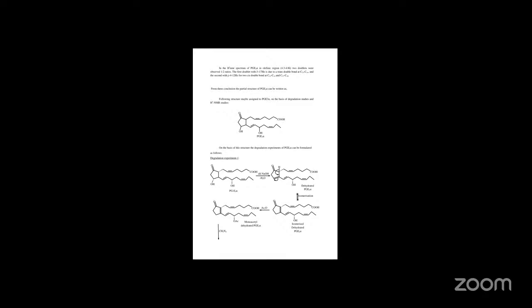The first double bond, with the J value, is due to the trans C13-C14, and the second double bond is of two double bonds, cis at C17-C18. The J value is 2 to 12 hertz. Therefore, the structure of PG3 alpha is confirmed: two hydroxy groups, one carboxylic acid, and one carbonyl group are present.